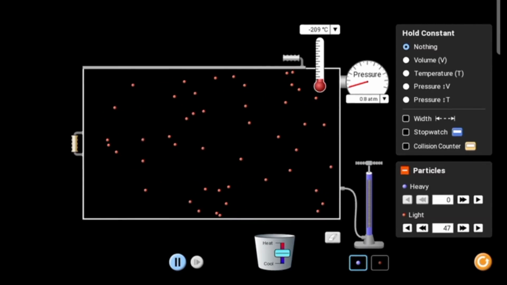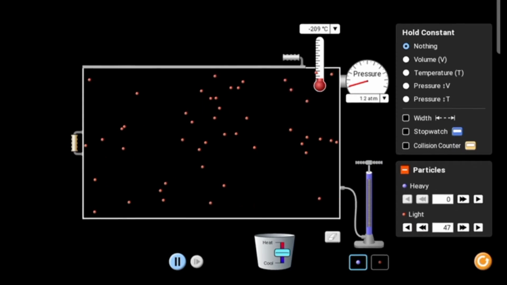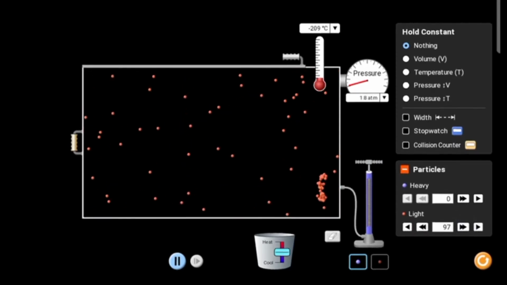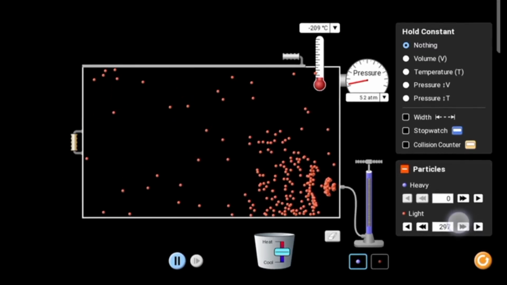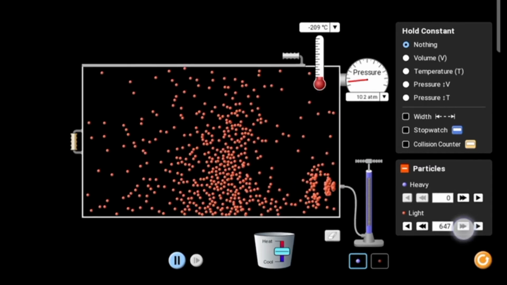How do we want to know the volume of the container? We fill it with lots of molecules.